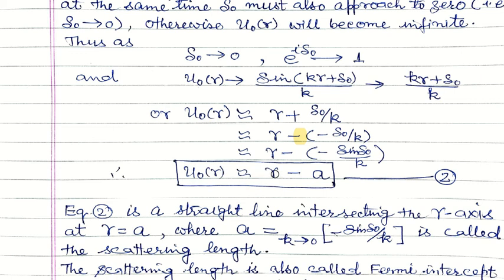So for r is equal to a, if we substitute r is equal to a, the wave function will be 0. So the intersection point is at r is equal to a, and what is the value of a? a is equal to minus sine delta 0 upon k, with the condition that k tends to 0. This a is called scattering length.